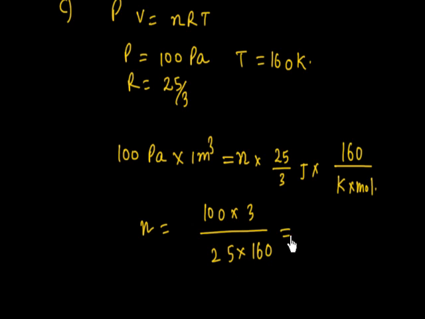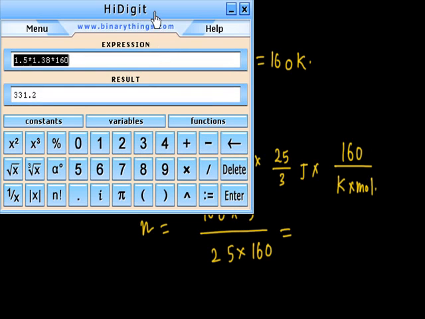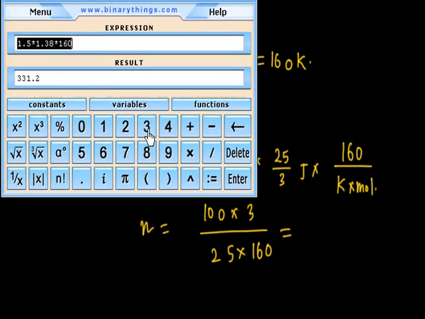So this is the number of moles. Let us calculate this value. So easy one. 100 into 3 is 300. 300 divided by 25 and then divided by 160. Are you getting or not?